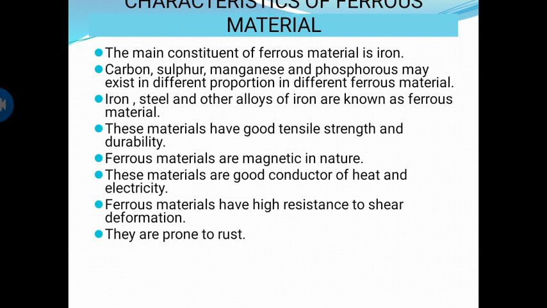So what are the characteristics? Composition: the main constituent is iron, and steel and other alloys are included in ferrous material. So characteristics: they have good tensile strength and durability.